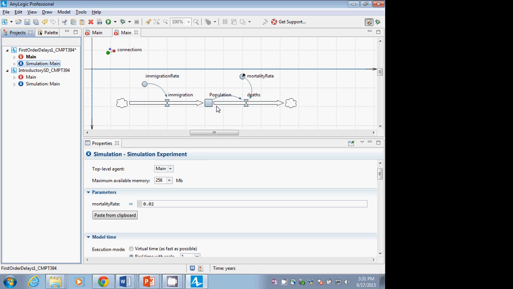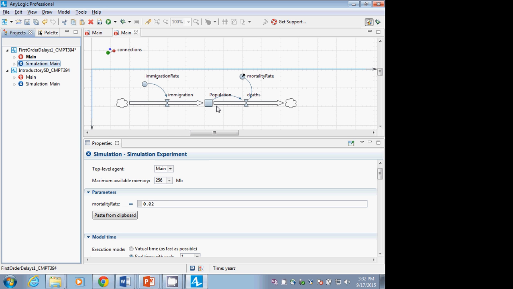Here's time 50. Here's time 0. And suppose this is the rate of death. Deaths, the rate of deaths. A number of people per year dying. What would that look like?